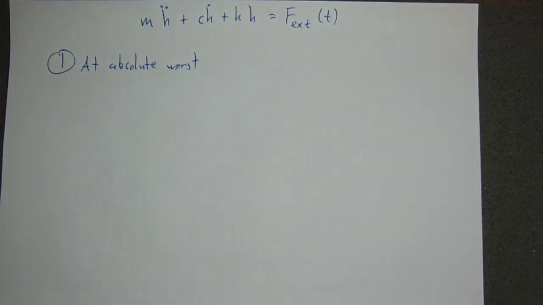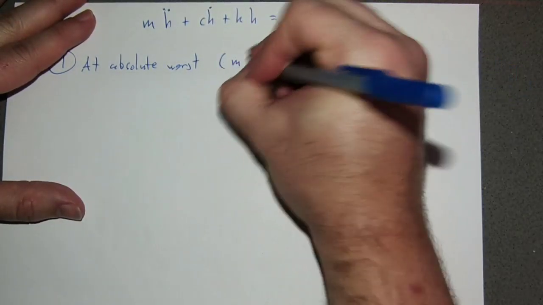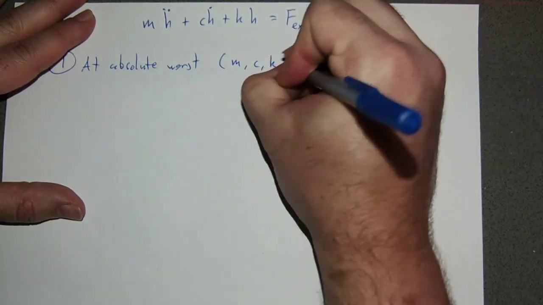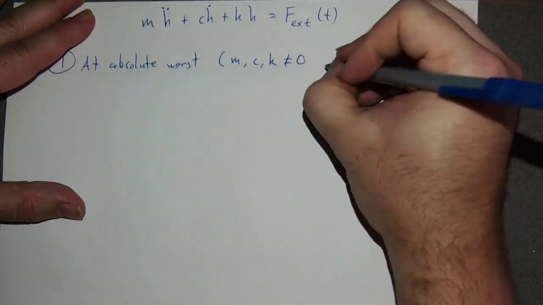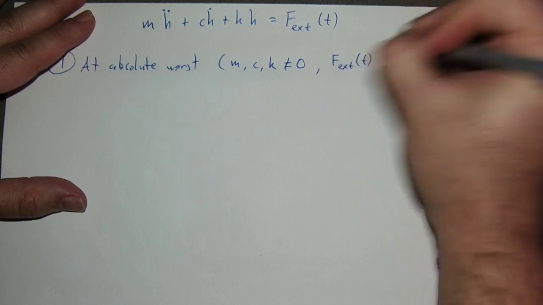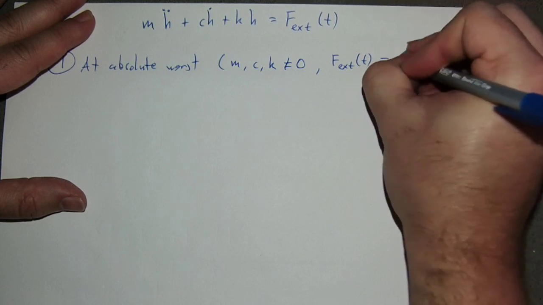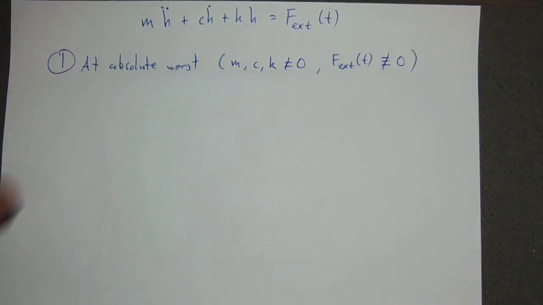what is absolute worst? At absolute worst, that means M, C, and K are not zero, and the external forcing function is not identically equal to zero, i.e. it's some function of t there.